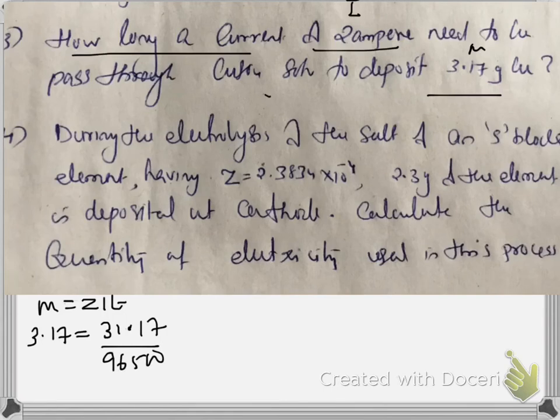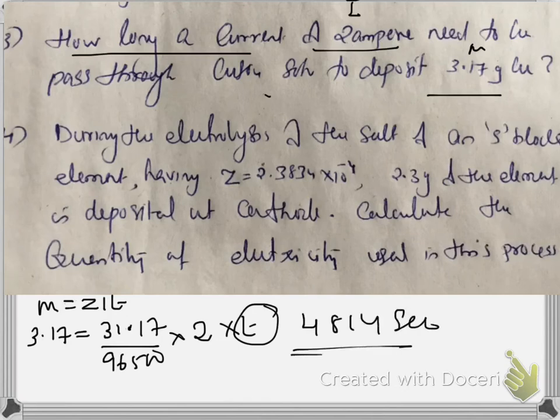Z is E by 96500 into I, 2 ampere, into T. You can solve it to get the T. On solving it, you will get the answer 4814 second is required to deposit this much copper at the cathode.